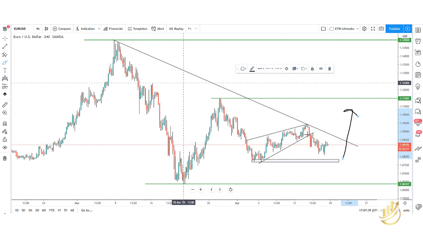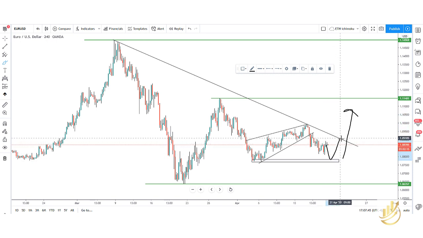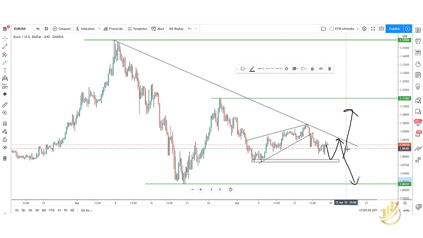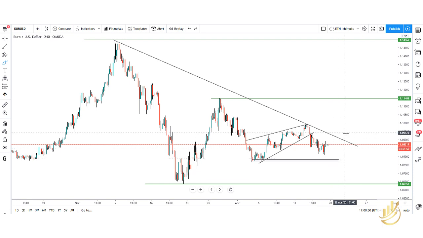However, seeing the trend is down, price might drop to this level and go down here, and then again a move towards the downside. This could be another possibility. So look at both the possibilities of going long and going short.